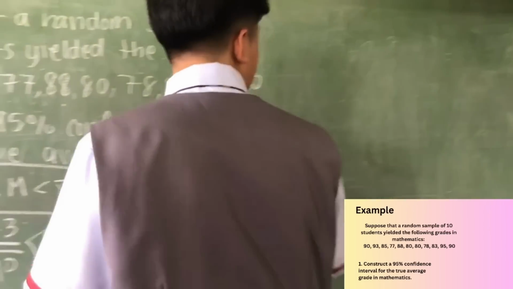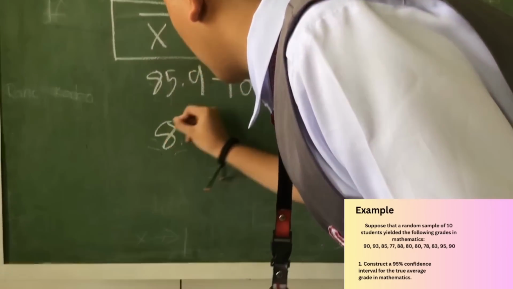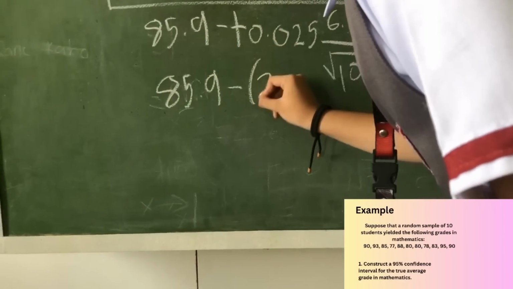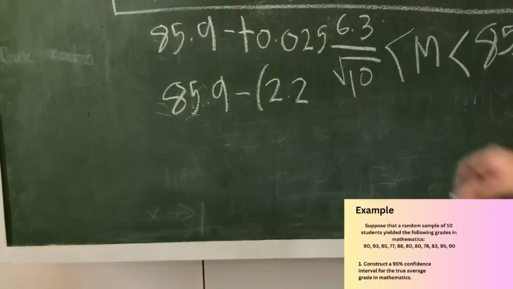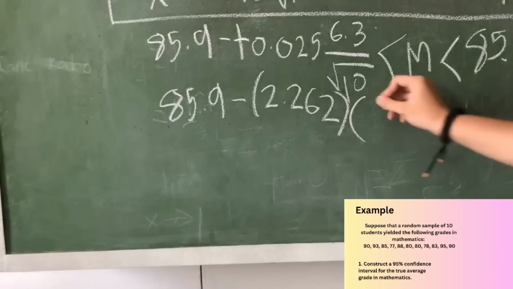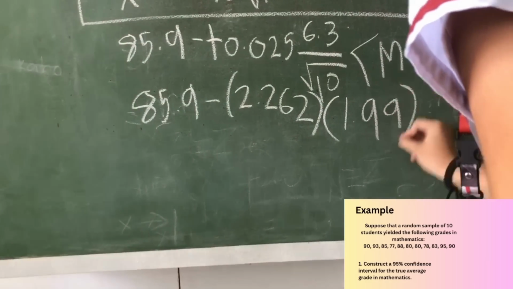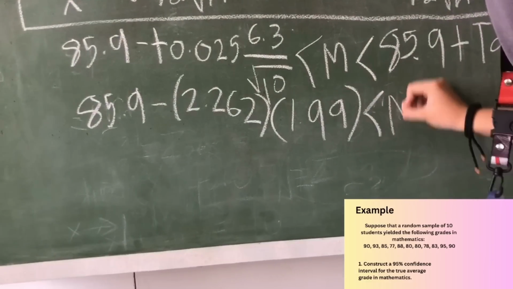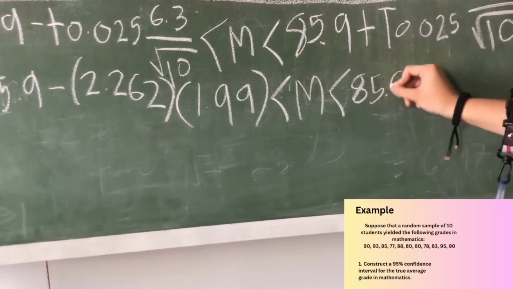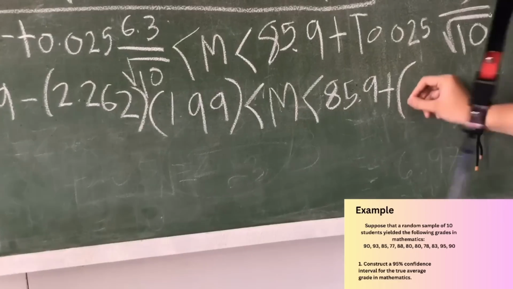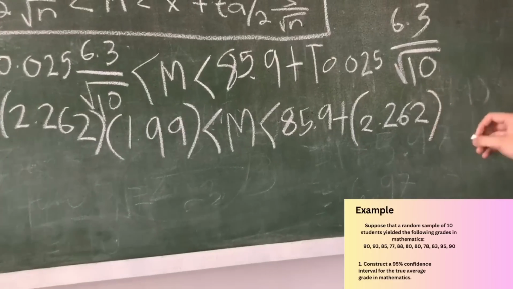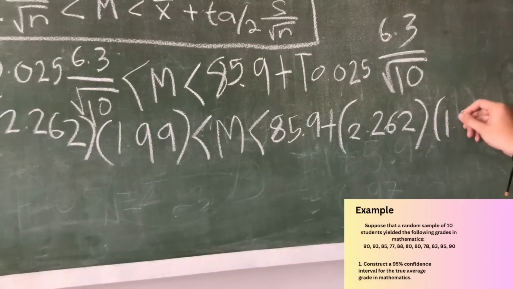Let's perform the operation. 85.9 minus the quantity of 2.262 times 1.99, less than mean, less than 85.9 plus the quantity of 2.262 times 1.99.